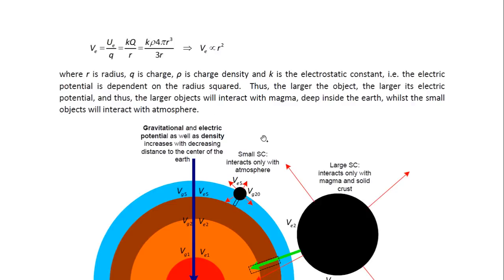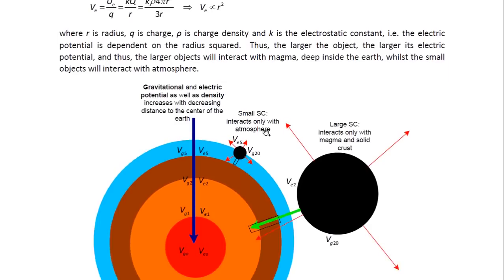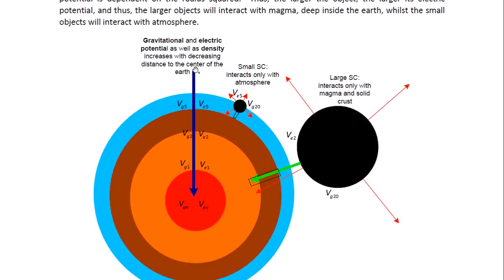So the larger the object, the larger will be its electric potential, and thus the larger objects will interact with magma deep inside the Earth, whilst the small objects will interact with atmosphere, because both gravitational potential and electric potential increase with depth. As we move closer to the center of the Earth, the gravitational potential and the electric potential both increase, and this is positive electric potential, and density also increases.